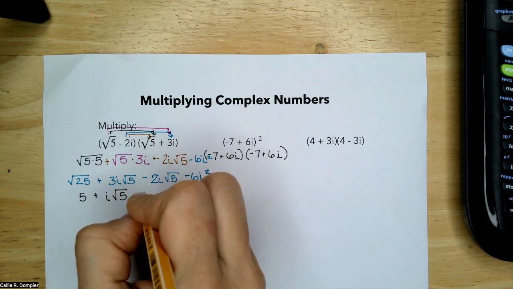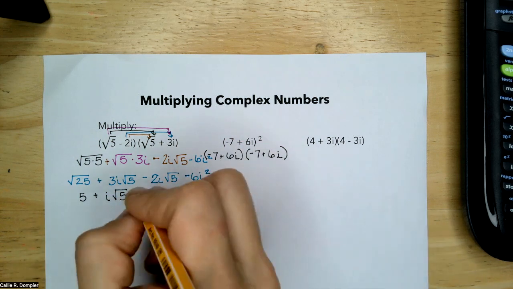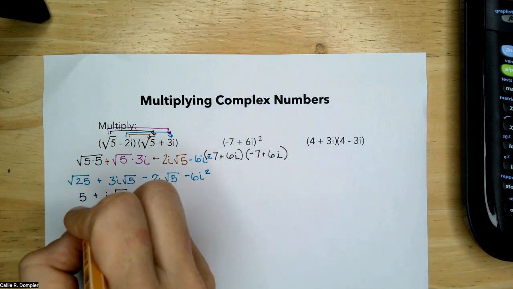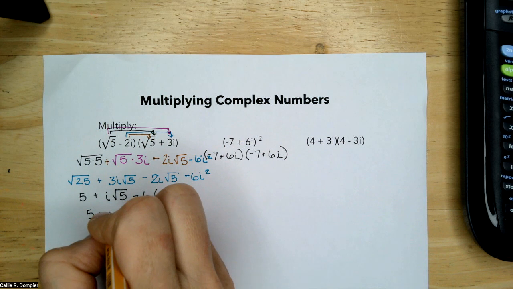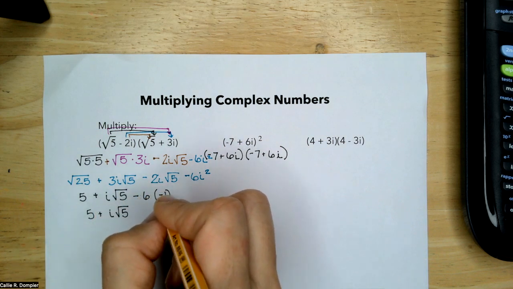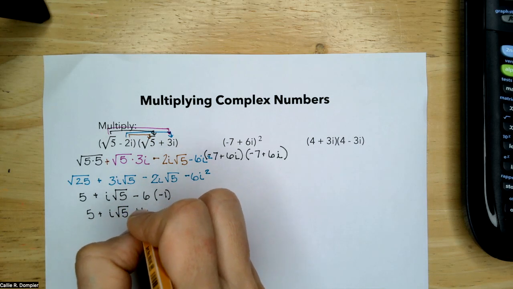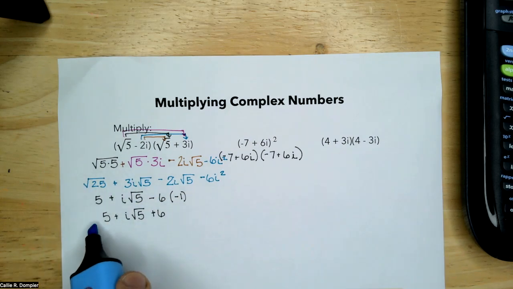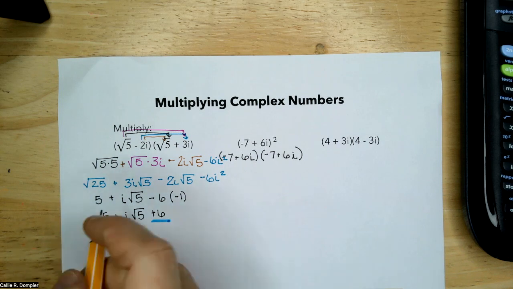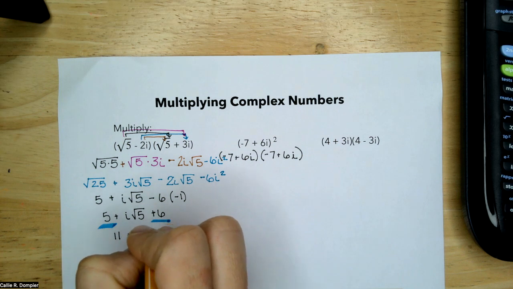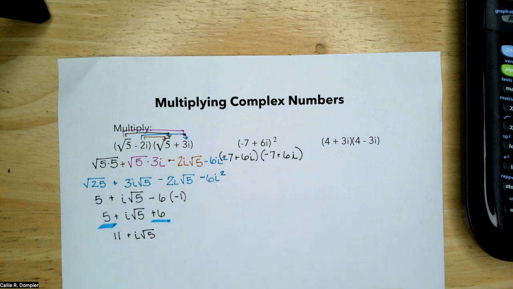Minus 6. The i squared becomes a negative 1. So now that's 5 plus i square root of 5. Negative 6 times a negative 1 is plus 6. 5 and 6 can be combined together because they are the real numbers. 5 and 6 are 11. 11 plus i square root of 5.